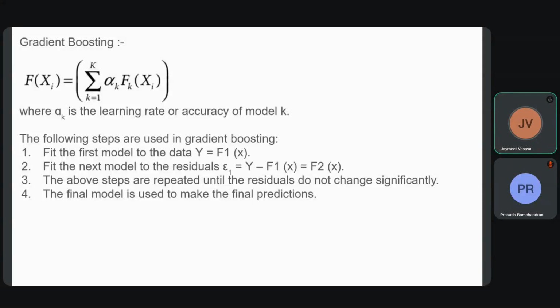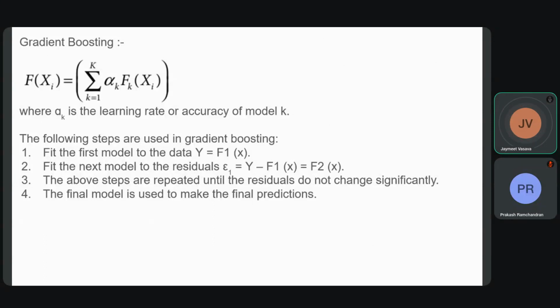So gradient boosting, mathematically speaking, f of xi equals the summation of k equals 1 to K of alpha k times fk of xi, where alpha k is the learning rate or the accuracy of the model k. The following steps are used in gradient boosting.